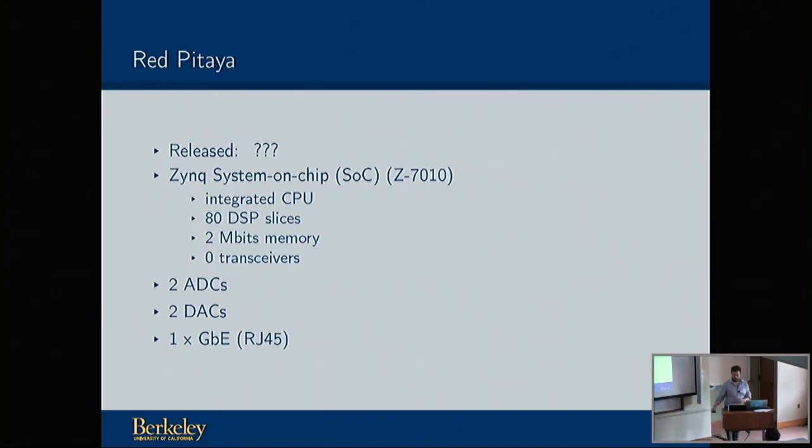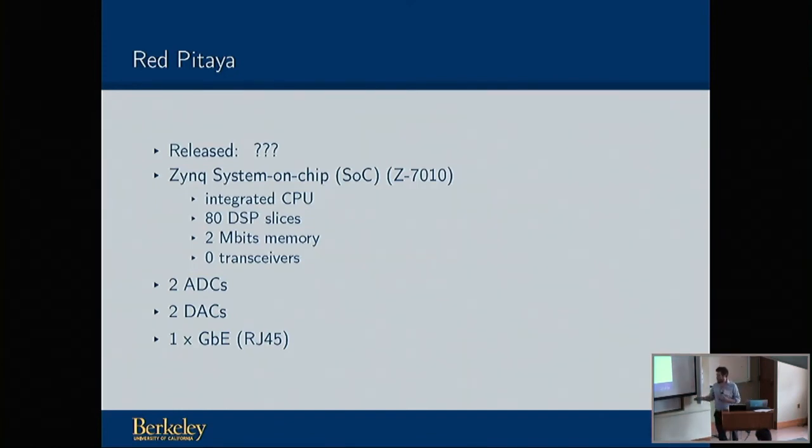Whereas with the other boards we're looking at paying round about $10,000, give or take, per board, this guy's about 300 euros, and so we have quite a few of those in the tutorial room. This board includes some onboard ADCs and digital to analog converters, which I haven't really talked about, and is a good board for playing around with in the lab and getting used to the tools that we use in CASPER.